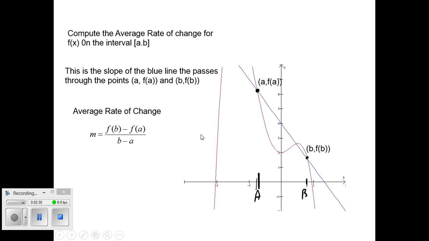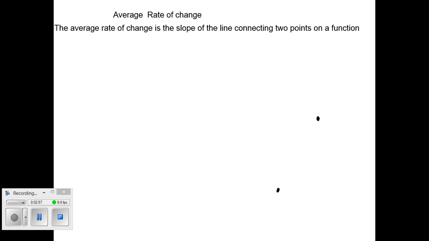Again, just on some interval in a given function, find the corresponding y coordinates on the interval. So we have the 2 points, a, f of a and b, f of b, and then we're trying to find the slope between those two. So let's look at a particular example.